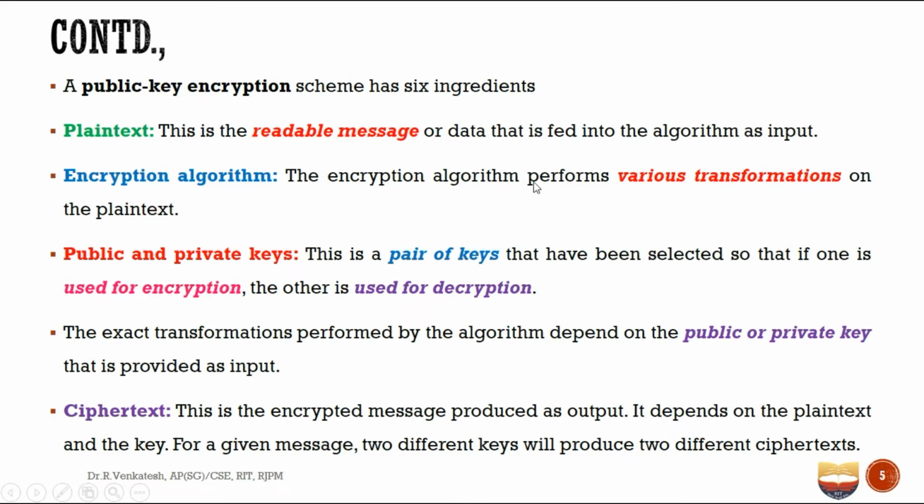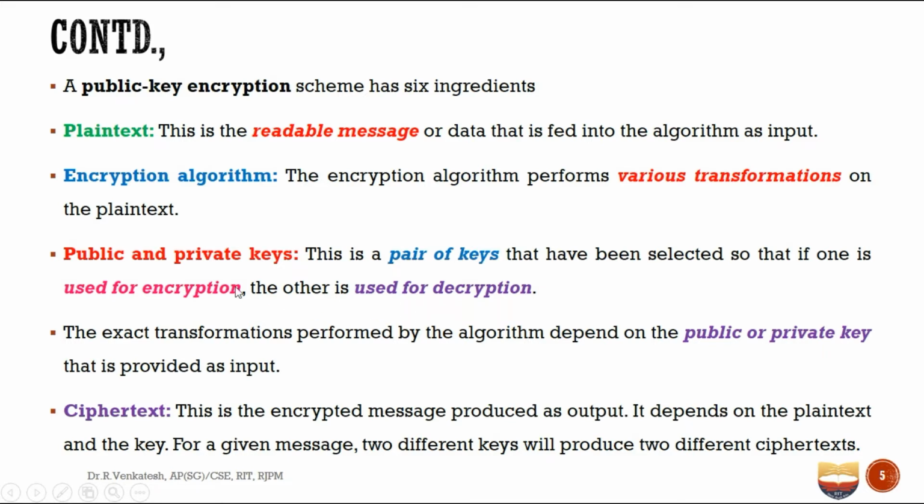The encryption algorithm performs various transformations on the plain text. It takes two inputs, the plain text and a key, and using the key it performs various transformations on the plain text. Next are the public key and the private key. This is a pair of keys that have been selected so that if one is used for encryption, the other is used for decryption.